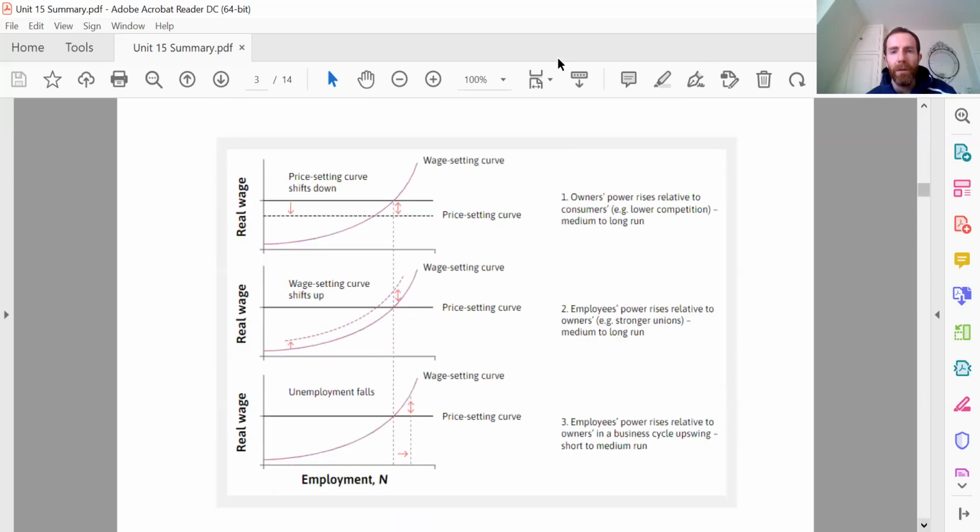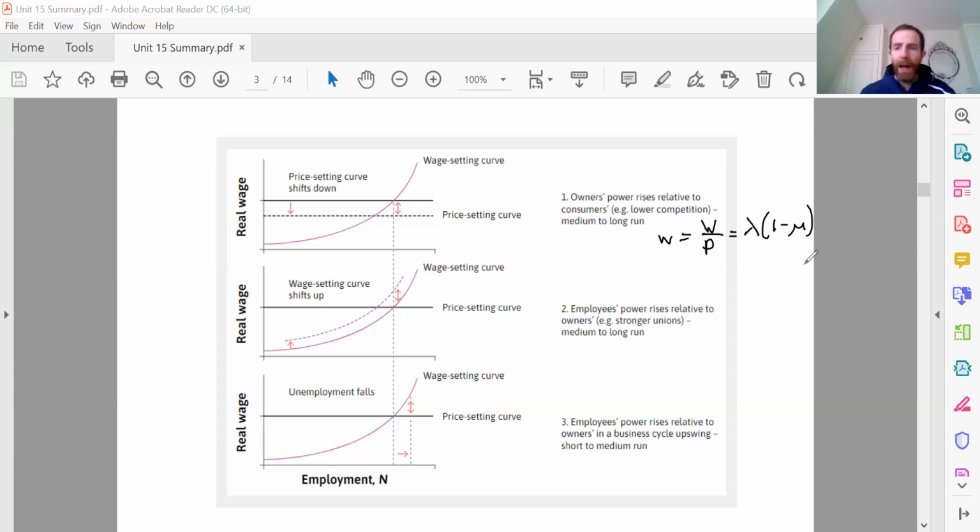With the first one, owners' power rises relative to consumers. One thing to find here is that the real wage, and remember the real wage is the nominal wage, a capital W and a small w, over the price level, can be linked to lambda, the productivity of labor, the average product of labor, times 1 minus mu, the markup.